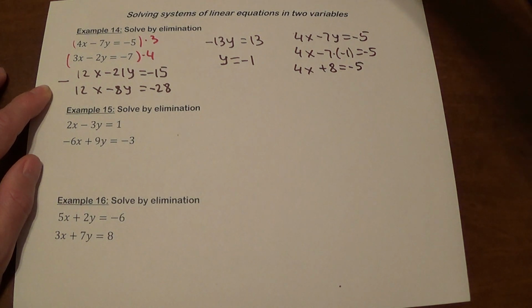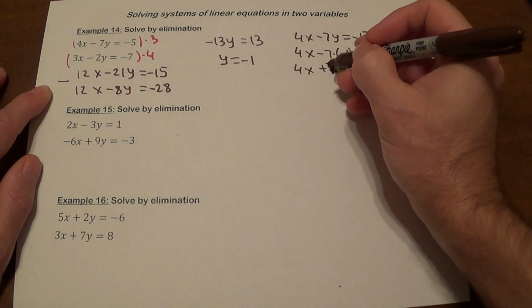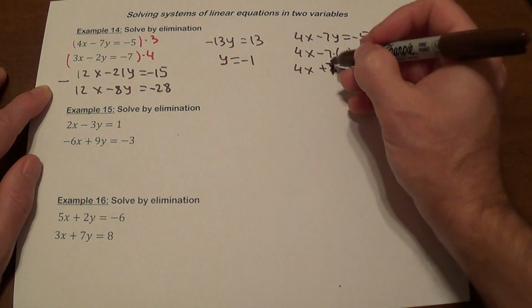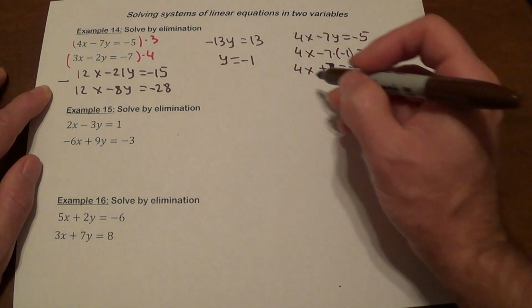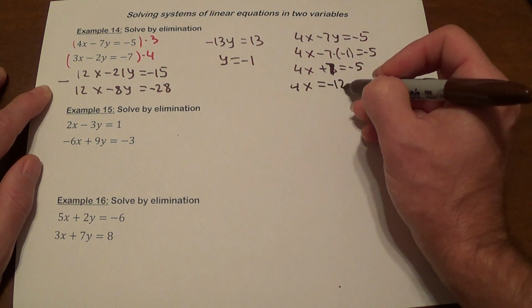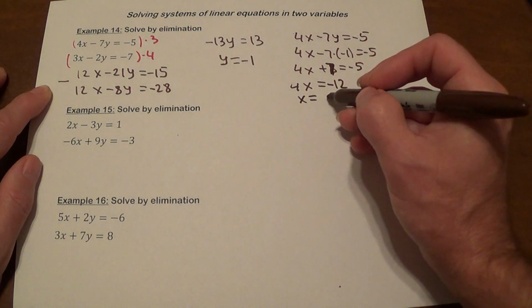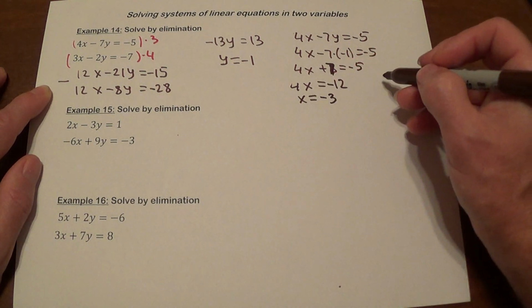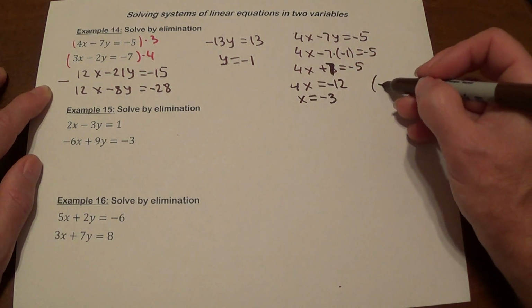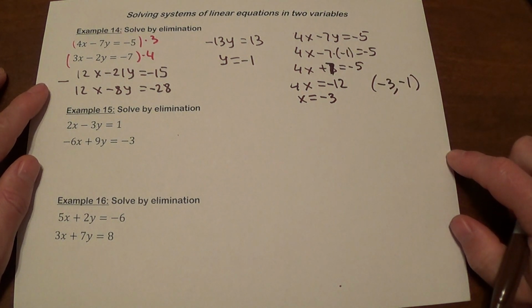Just double check. Oh, I'm sorry, this number is 7. 7 times 1 is 7, of course. So we have 4x equals negative 12 and x equals negative 3. And our solution here is going to be negative 3 for x, negative 1 for y.